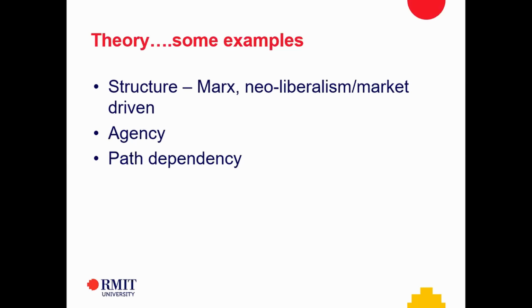And another notion that you will come across in terms of theory is path dependency. Now, this is a curious idea. In some ways, it's kind of like structure in that there's a sense of inevitability about it. But the analogy is that the path is often quite broad.